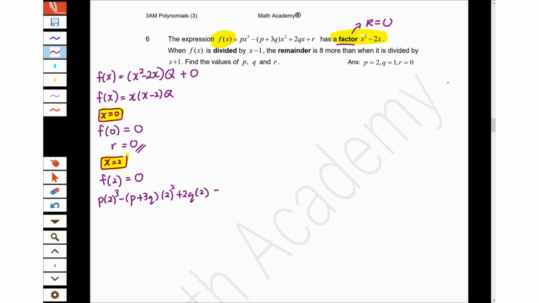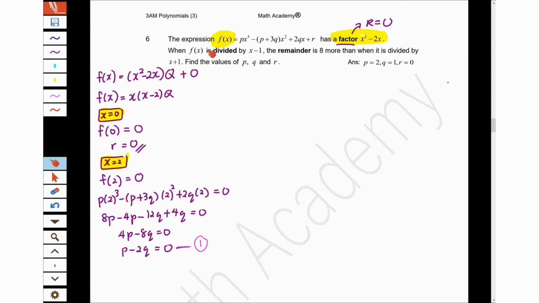Plus r is 0. So I simplify this. 4p minus 8q equals 0, divided by 4 to make the numbers smaller. Let's call this equation number 1.